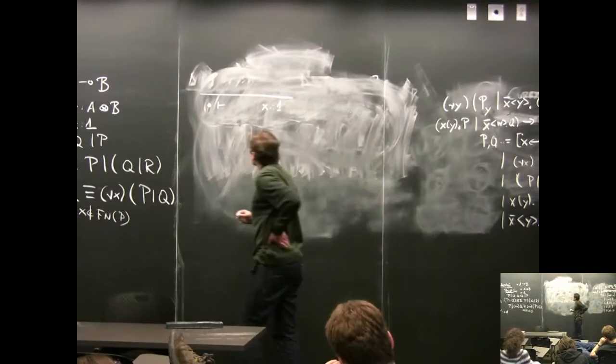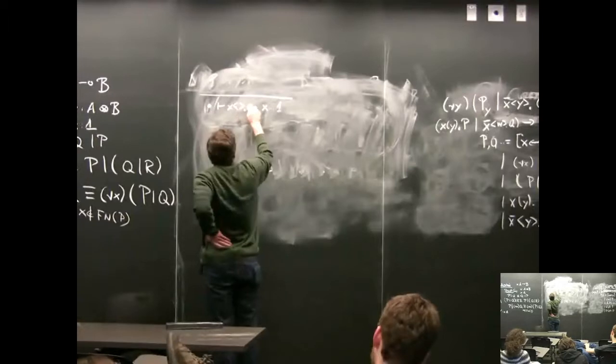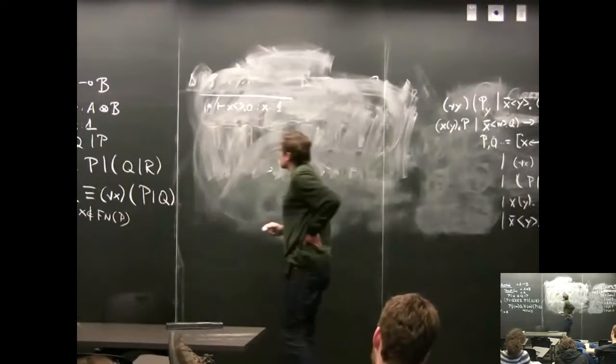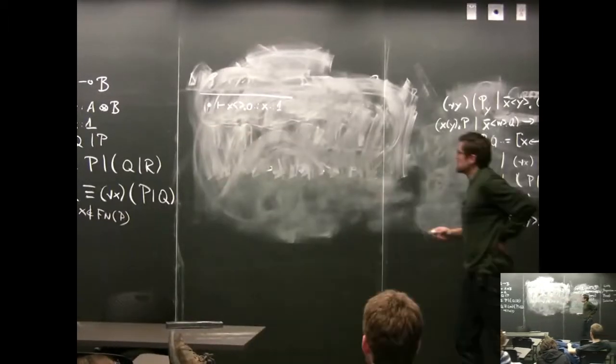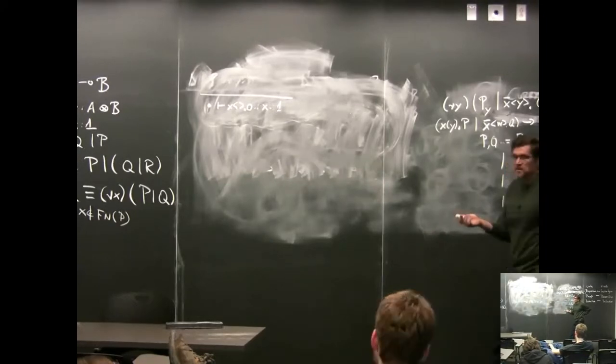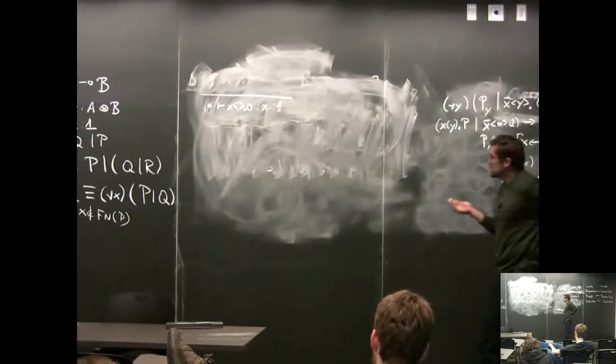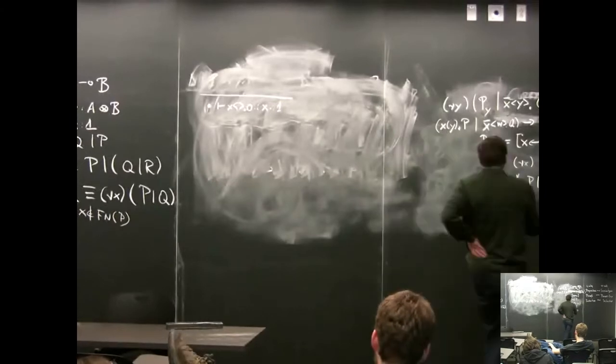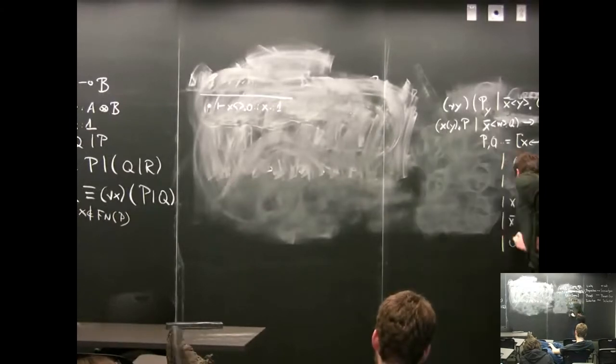The notation for that is something like this. Basically, we don't output anything, but it behaves like an output because it's the unit of tensor. And then we terminate, and termination in the pi calculus is written as 0. So we have 0 down here.